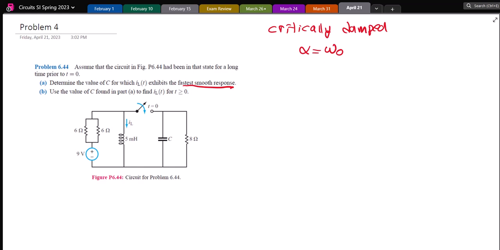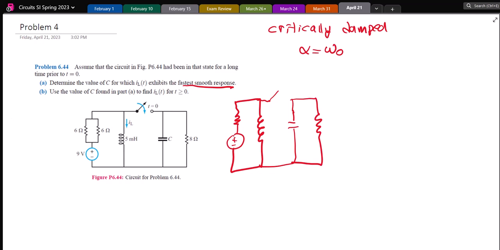And so for a parallel RLC circuit, if I simplify this a little bit, I can say two 6-ohm resistors in parallel are the same as a 3-ohm resistor, and that's 5 millihenries.